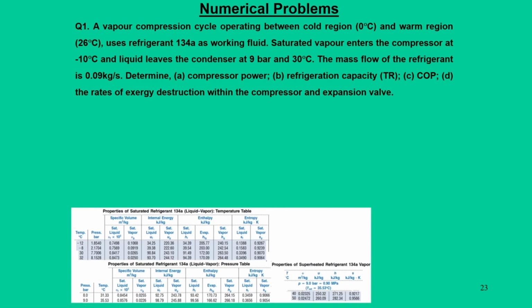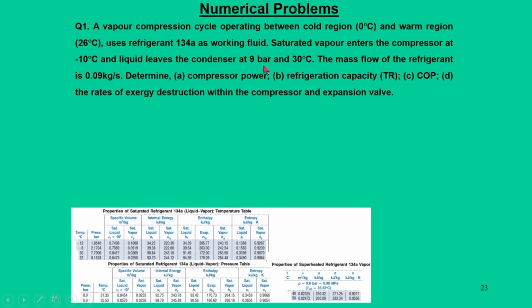The irreversibility is introduced by this: the saturated vapor enters the compressor at minus 10 degree centigrade. Remember your cold region was 0 degree centigrade, but your evaporator temperature is minus 10 degree centigrade. Liquid leaves the condenser at 9 bar and 30 degree centigrade.